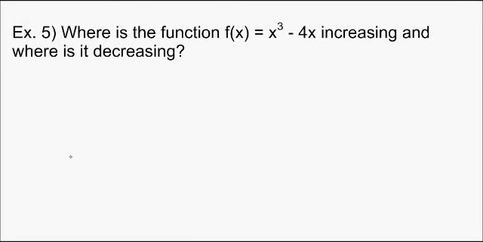Example 5. Where is the function f of x equals x cubed minus 4x increasing, and where is it decreasing? Just like last time, what I want to do here is find my derivative. So it's 3x squared minus 4.